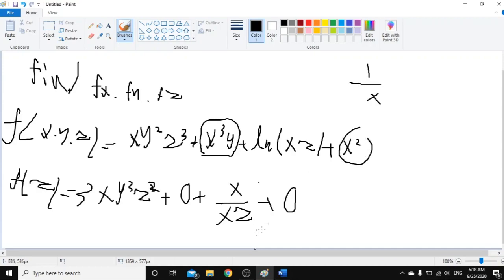So here we can cancel x and x, so the final answer we can write is 3x y cubed z squared plus 1 over z, and that's the final answer.